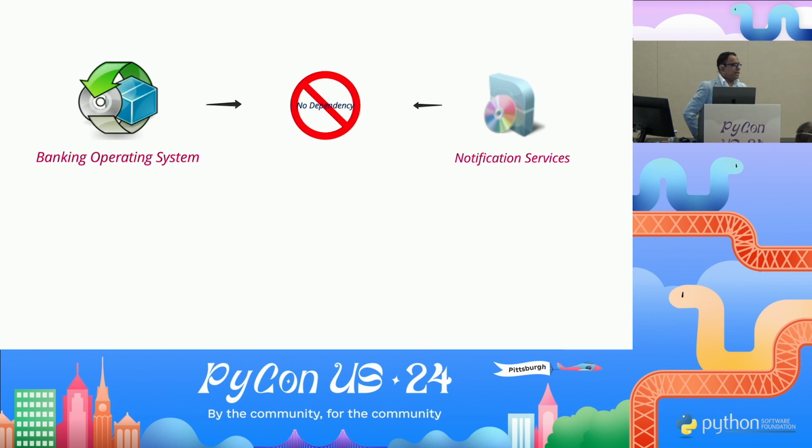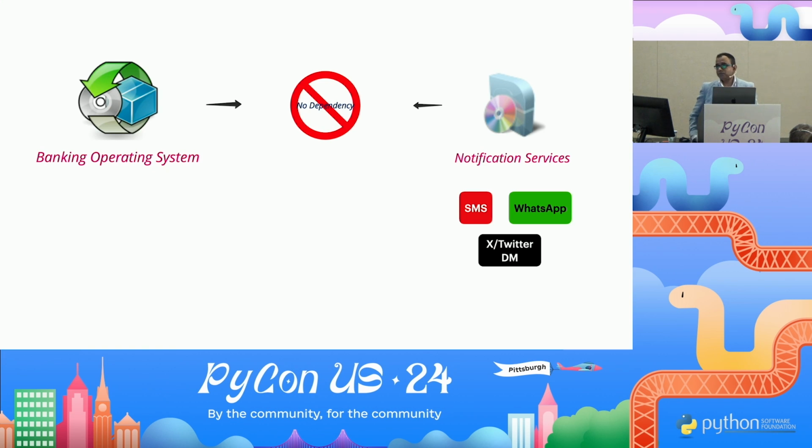The banking operating system need not be dependent on the SMS notification system, because these two are totally separate entities. They have no relation with each other, and in all probability you can create your own banking operating system, but to send an SMS you may need to use third party software or a library. You do not want to integrate that, right? Also, the problem statement today was we need to send SMS.